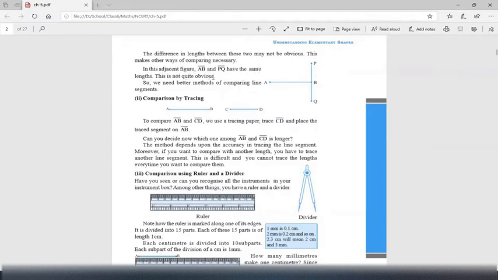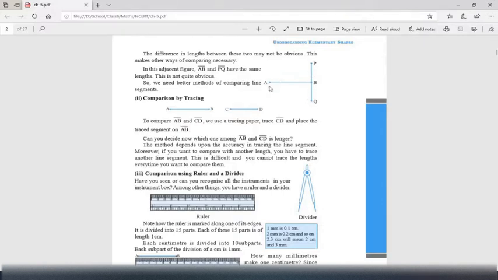This is not quite obvious, so we need a better method of comparing line segments. We have to find whether they are equal or not equal, and for that we should use better methods. AB and PQ look the same, but it is saying they have the same length. So measure it in your book.